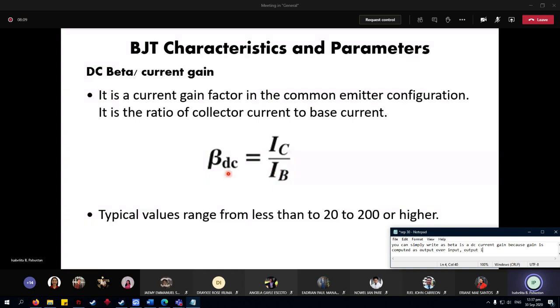This is called the DC current gain. Gain pertains to output over input. In the configuration that you will see later, the output is on the collector side and the input is on the base side. So you call this the DC current gain.